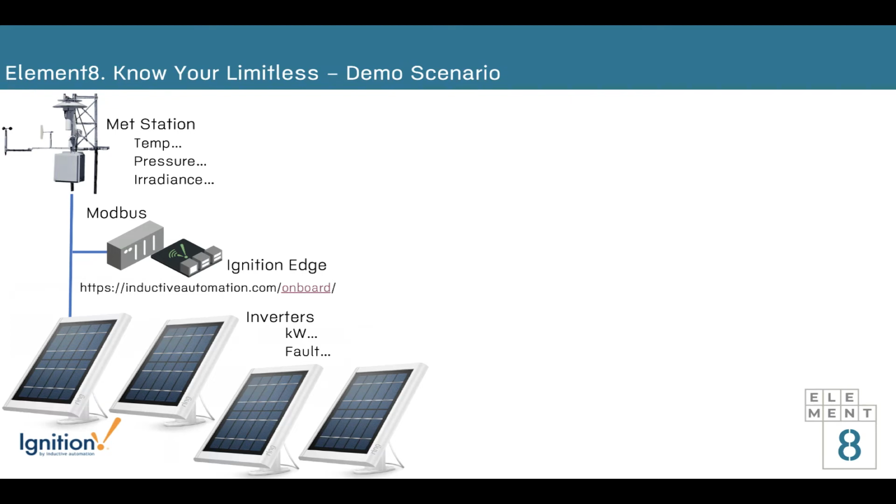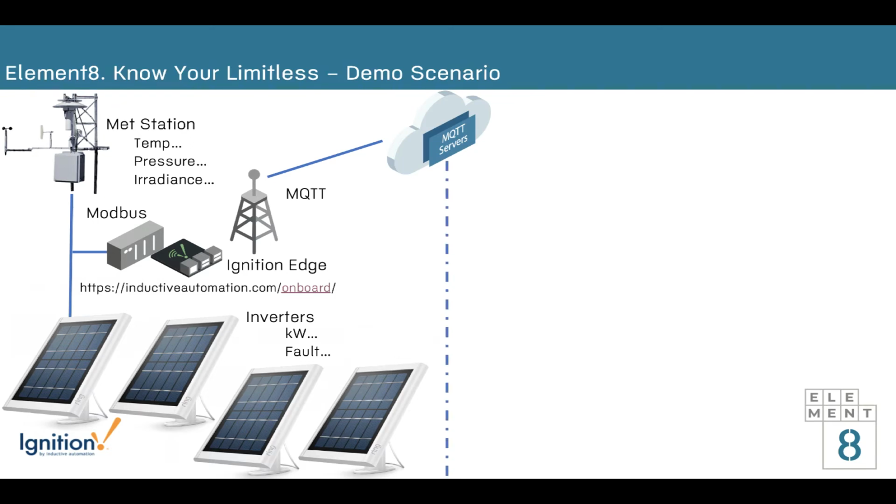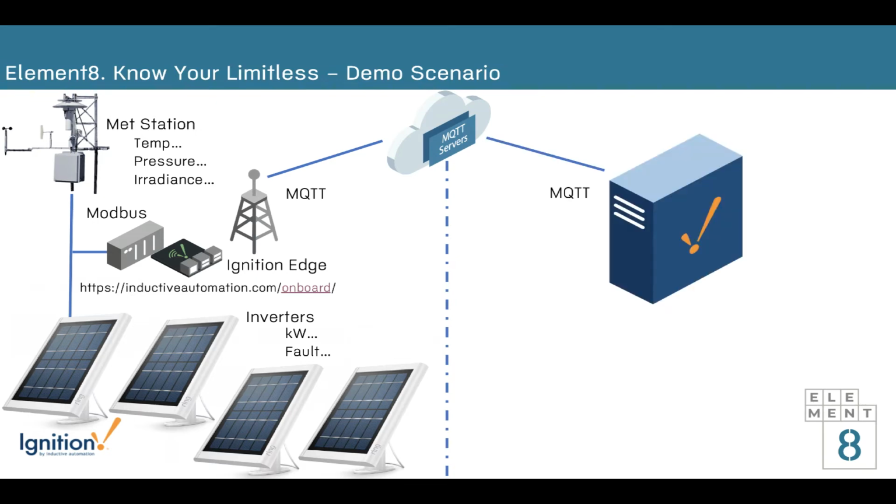Alright, now what I'm going to utilize is the MQTT Transmitter module to transmit these data points into the cloud. I've got a cloud hosted MQTT server that will be my broker for all of this data. And then on the corporate side, or the enterprise side, I'm going to also subscribe to this data sitting in my MQTT broker.